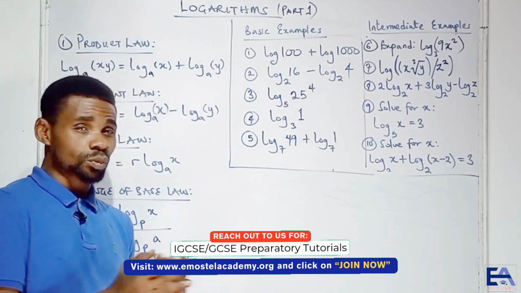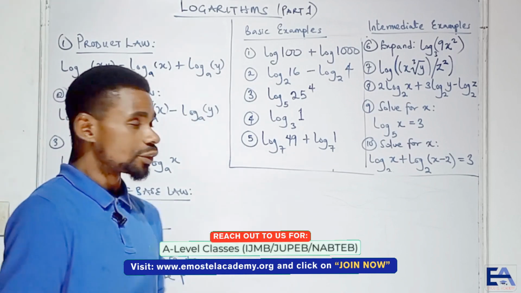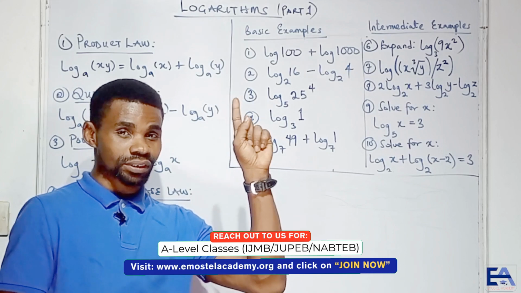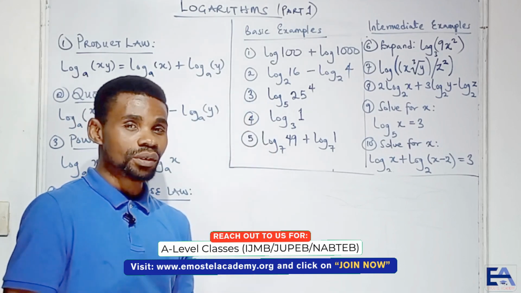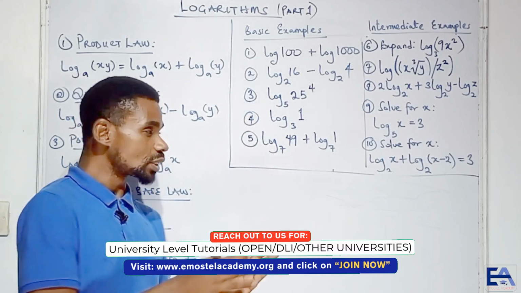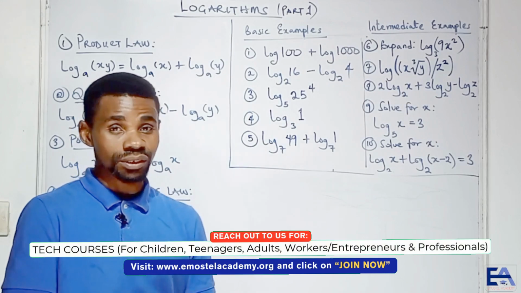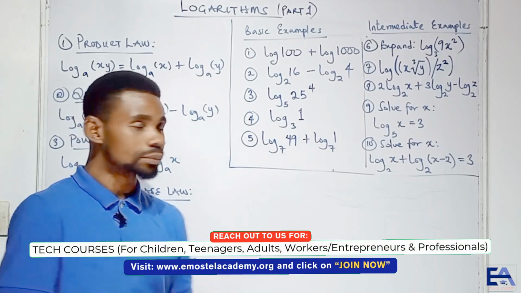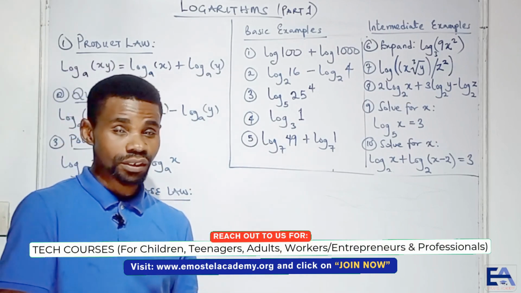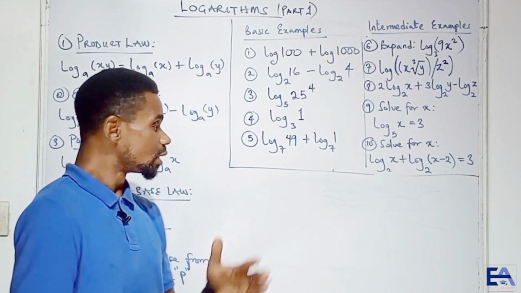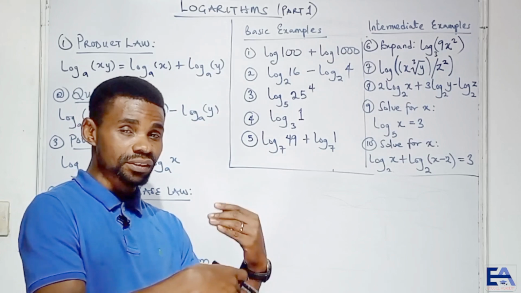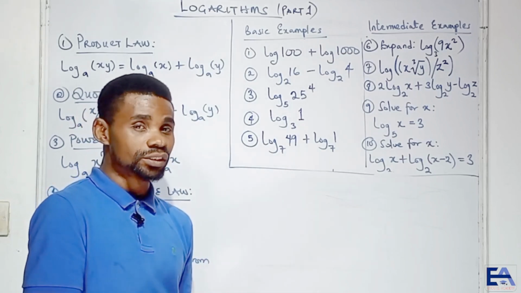If you have not yet watched our videos on indices, you may click the I button up there in the video, and it will take you to that topic. You may want to go through everything on indices before you come to learn about logarithms. They are very much related, so this is like the opposite or the reverse of indices in some ways.